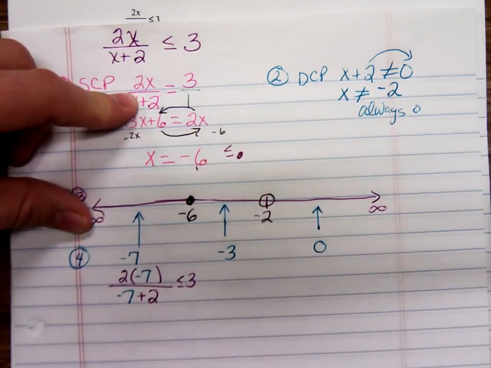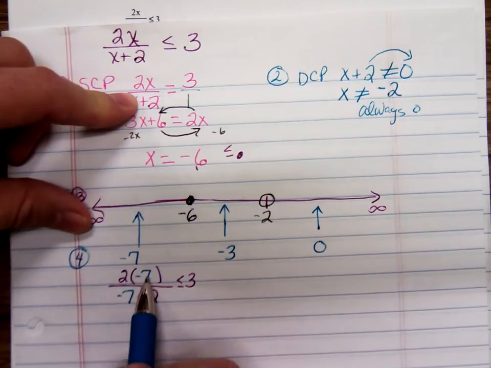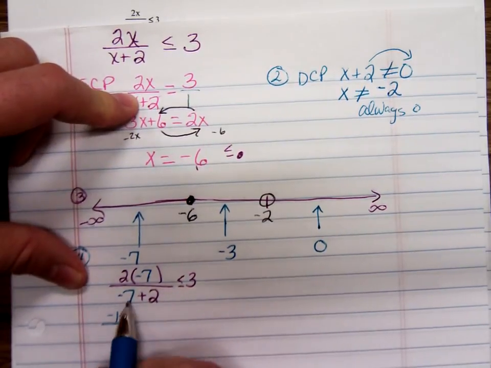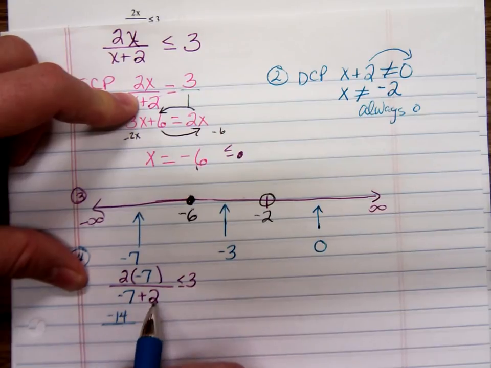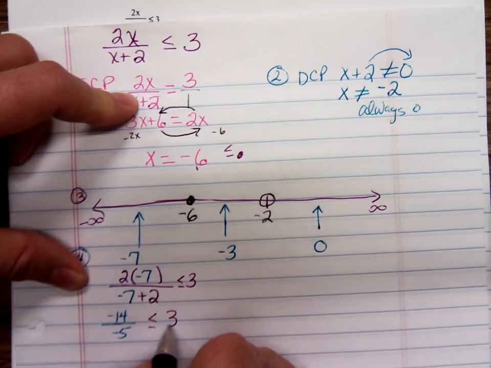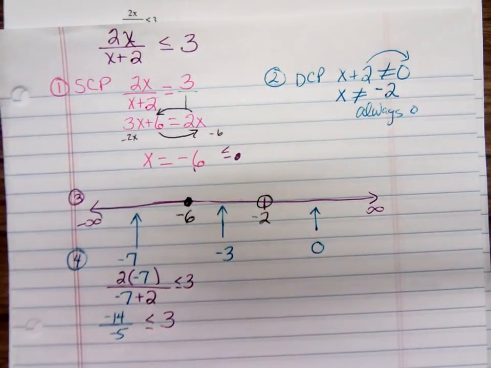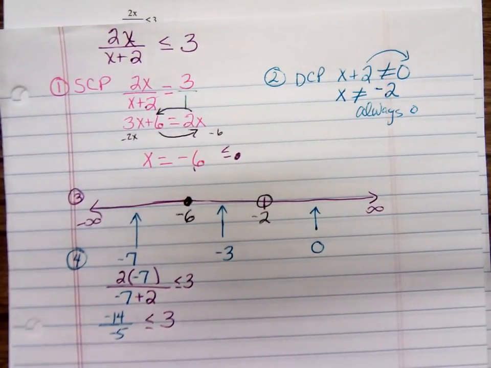Well, the 2 times -7, that would be a -14. -7 plus 2 is -5. A negative over negative is positive. What about 14 over 5? Is that less than 3?